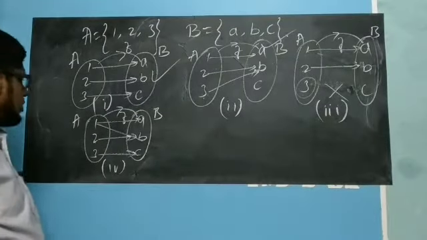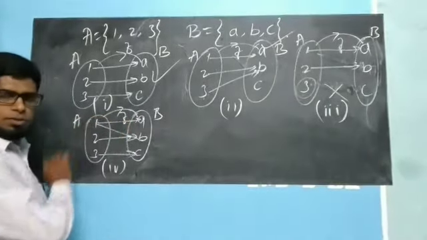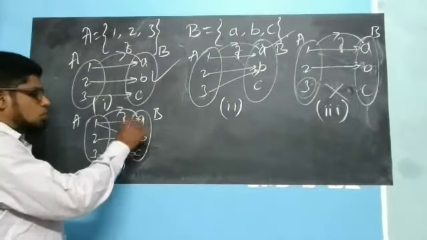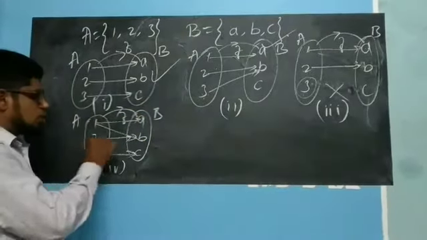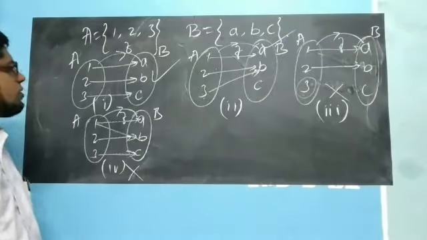Next, in the fourth example, 1 has 2 images. 1 has A as well as B. So 2 images are there for 1. So this is not a function.